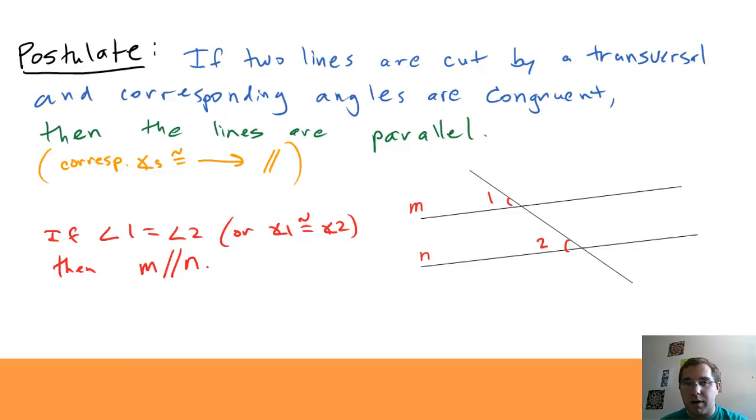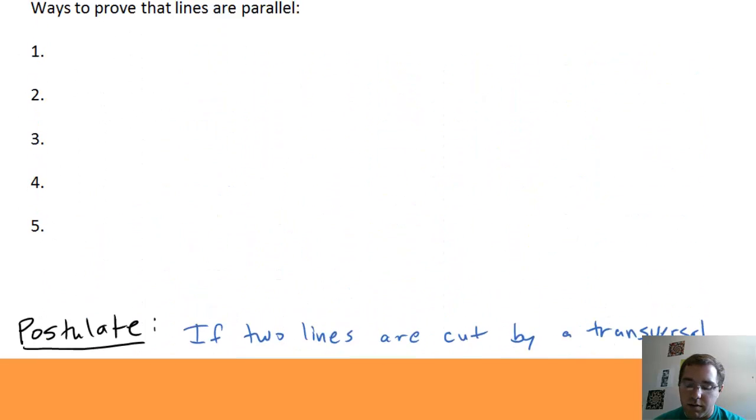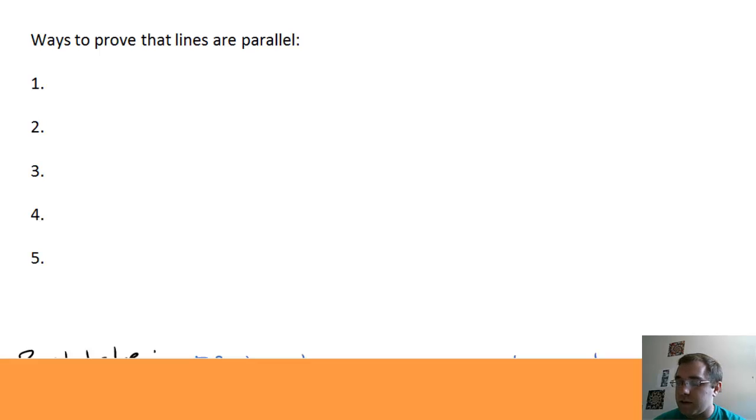But if we assume that one postulate, we can prove the next several theorems. And this is the first way that we can show lines are parallel. So let's go back up to our list, and we will add this as number 1 on our list.